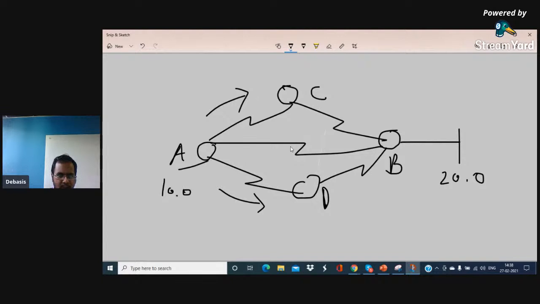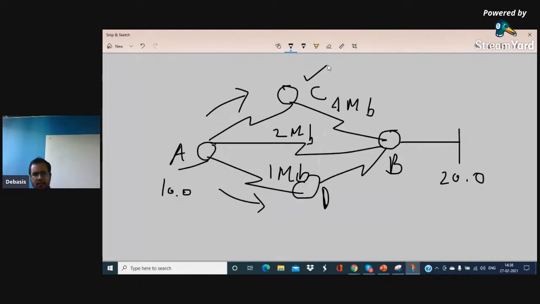So the packet may take this path or the direct link. In case of OSPF, for example, if this link is 4 Mbps, this is 2 Mbps, and this is 1 Mbps, then OSPF will always prefer the 4 Mbps link because it has the highest bandwidth.